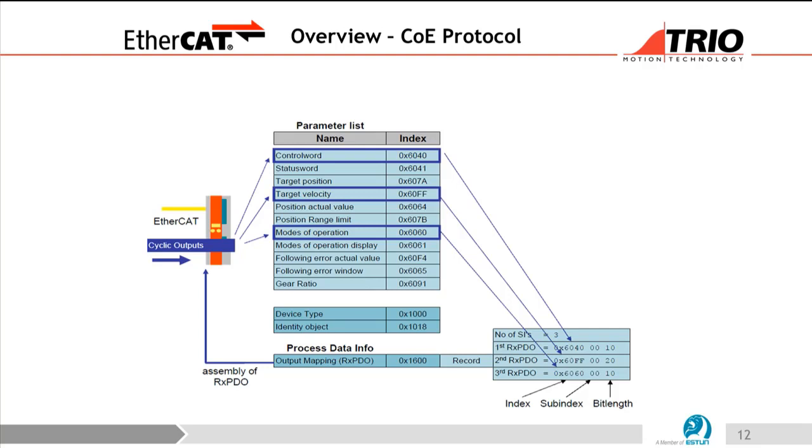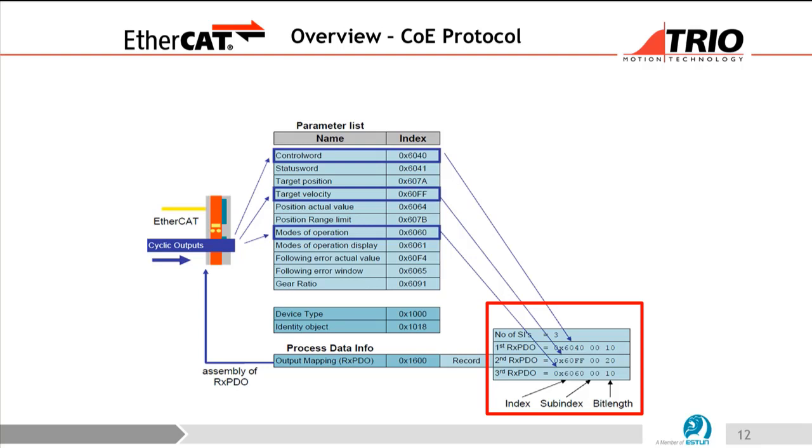And if you look at this, the process data info, this is what we're going to map to the slaves. It's called PDO, and these are the data that will be sent cyclically.